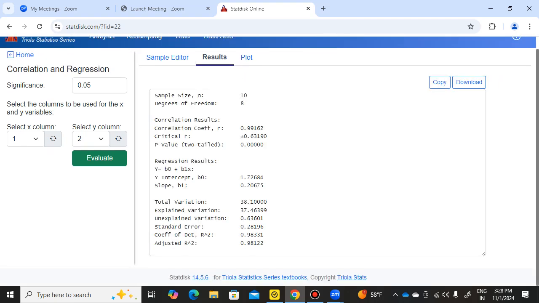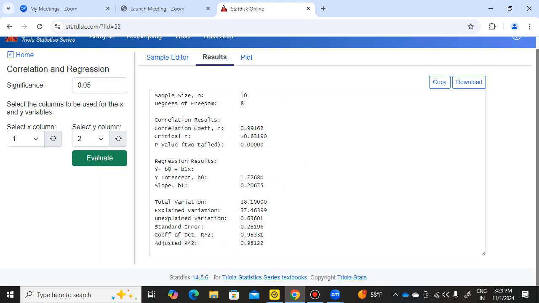Looking at the results, 0.99 is your R value. We're talking pretty high R value for sure. And so your critical R is very low, 0.632. P-value is 0. Significant level is 0.05.